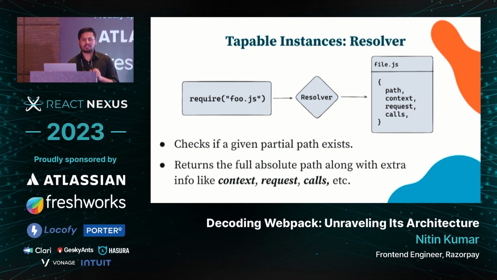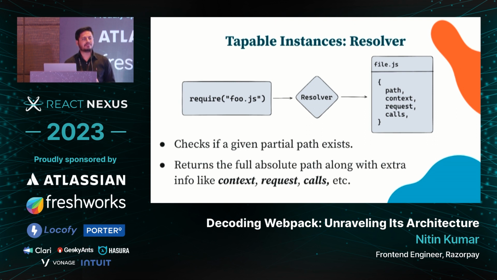You can find it under github.com/webpack/enhanced-resolve. So any of those module not found errors you have seen in Webpack are part of this resolver. So what does the resolver do? It checks if a given path exists in your file system or not.